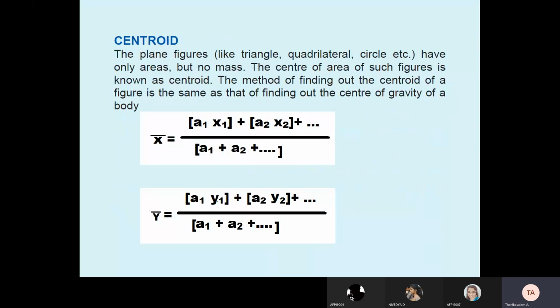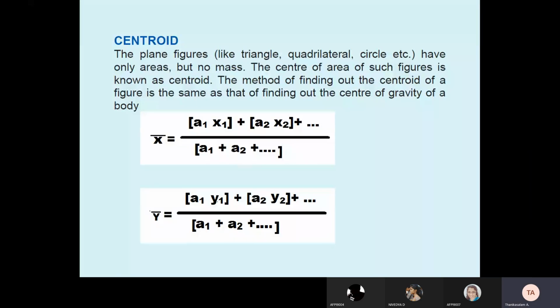The plane figures like triangle, quadrilateral, circle have only areas, but no mass, no. You take a paper and draw a triangle on it. You see only area, no? Then circle, rectangle have only areas, but no masses. The center of area of such a figure is known as centroid. Students, center of area of such a figure is known as centroid.